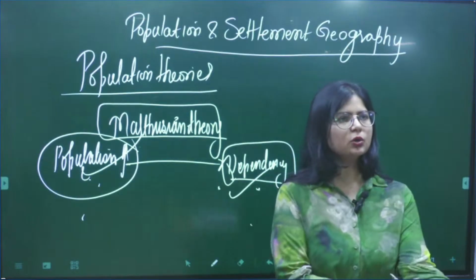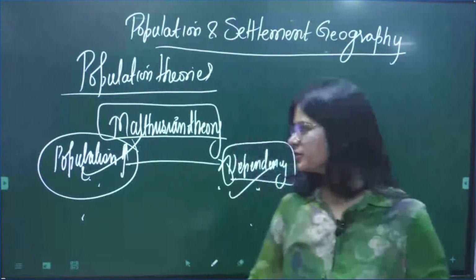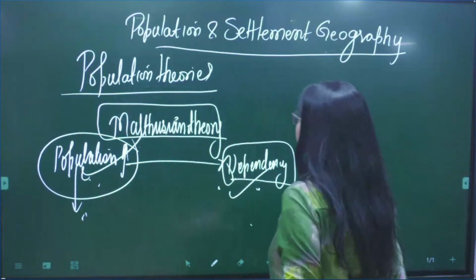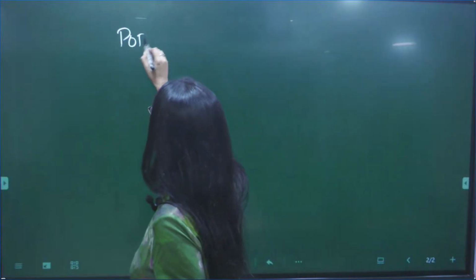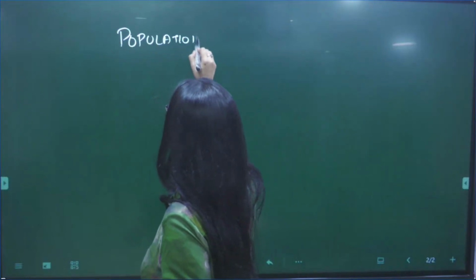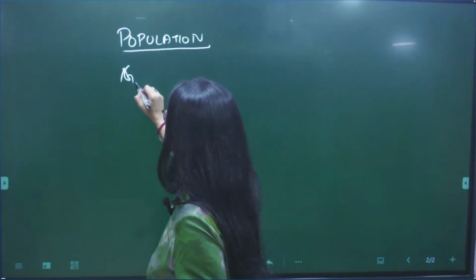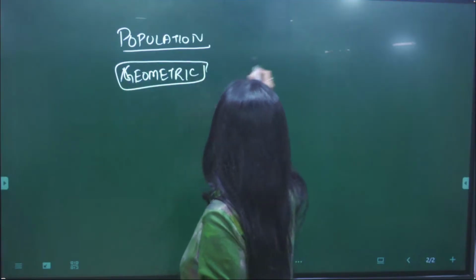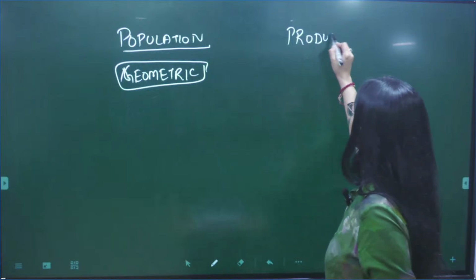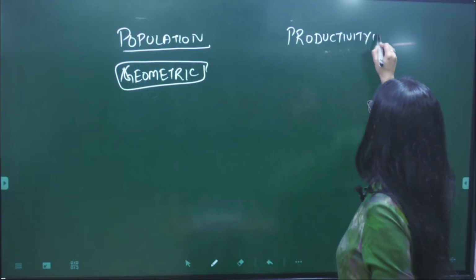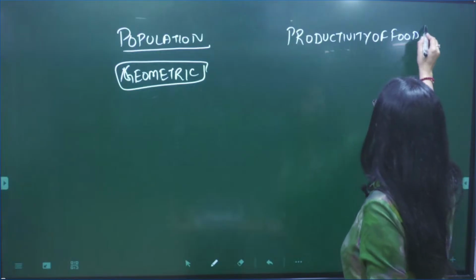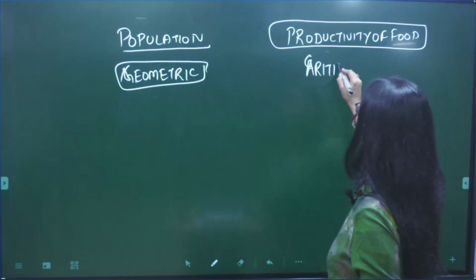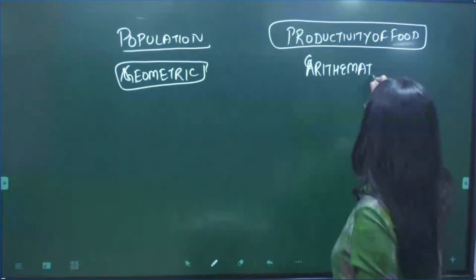Okay. So what we did in this, a very important thing, he said that population is going to increase in a geometric manner, while your productivity of food is going to increase in an arithmetic manner.